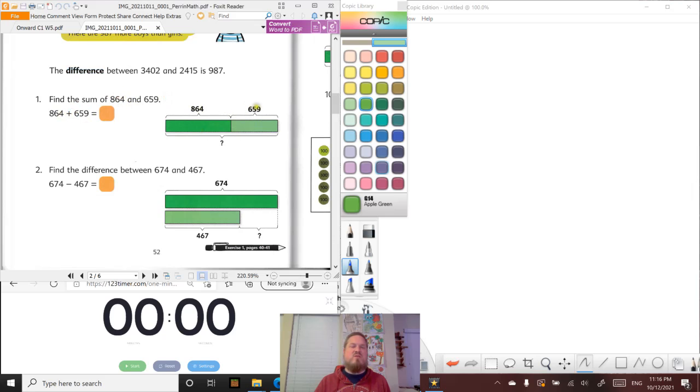And we know part 2, 659. What we want to know is, what is the sum? If you add both of them together, it's going to be the whole of everything, including 864 and 659. We can write it like this. You might be able to do it in your head, or you might want to write a vertical equation.